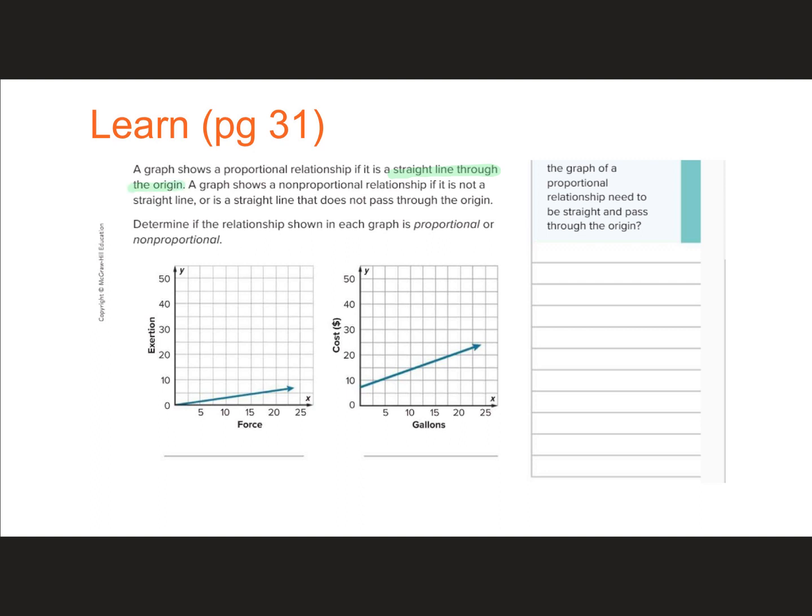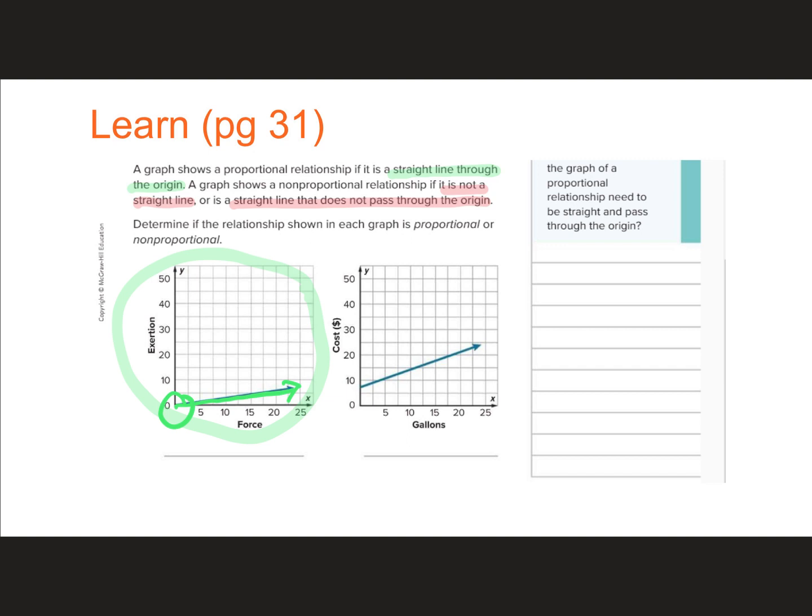A graph of a non-proportional relationship is not a straight line, or it's a straight line that does not pass through the origin. So if you look down further, I'm just going to go back to green here. This first graph would be proportional. It goes through the origin, and it's a complete straight line just like that.